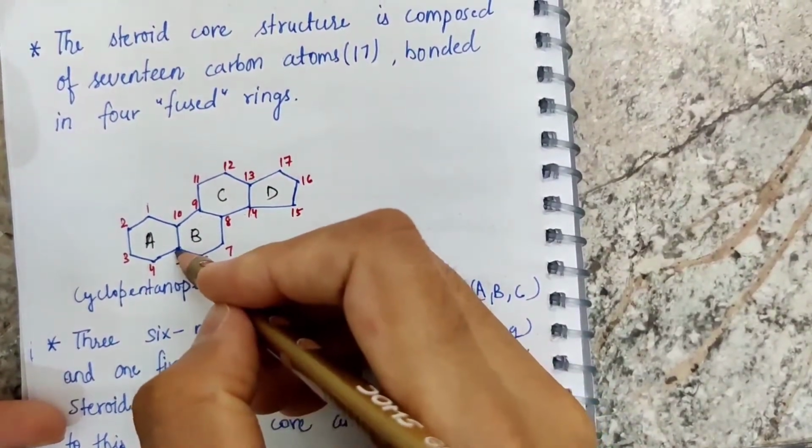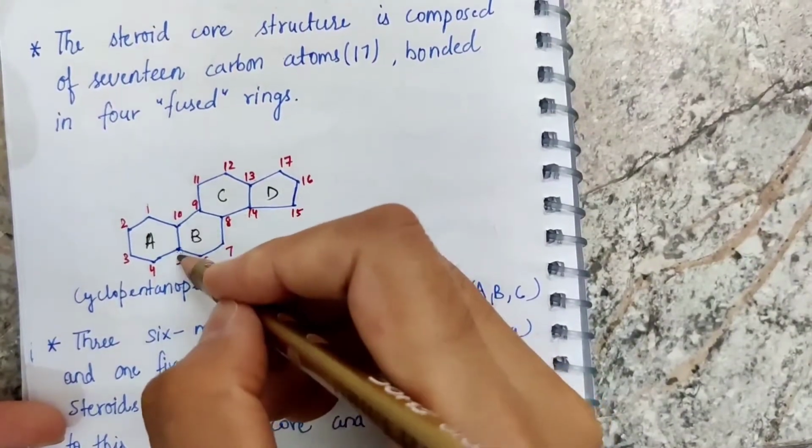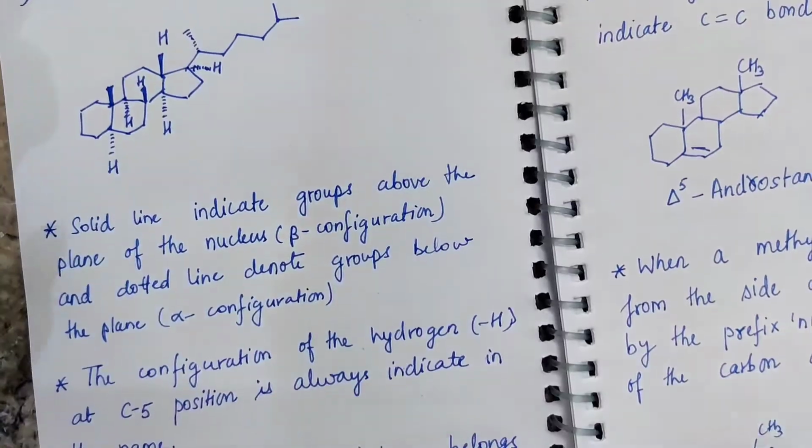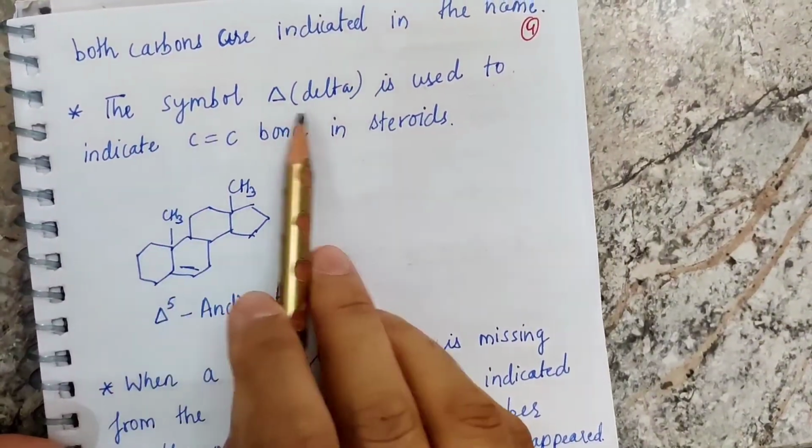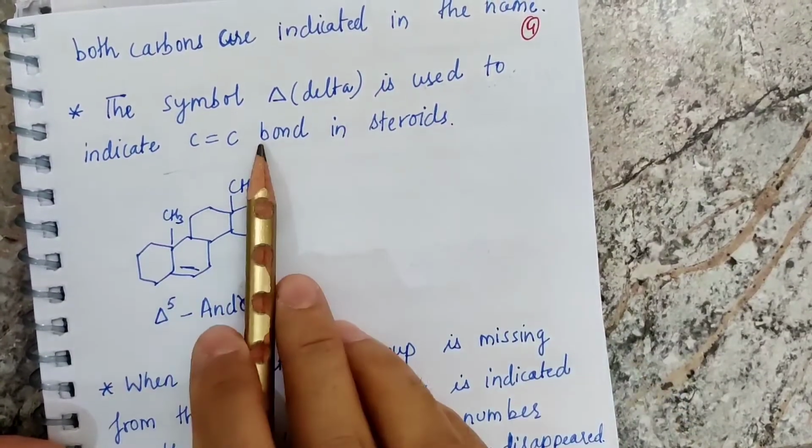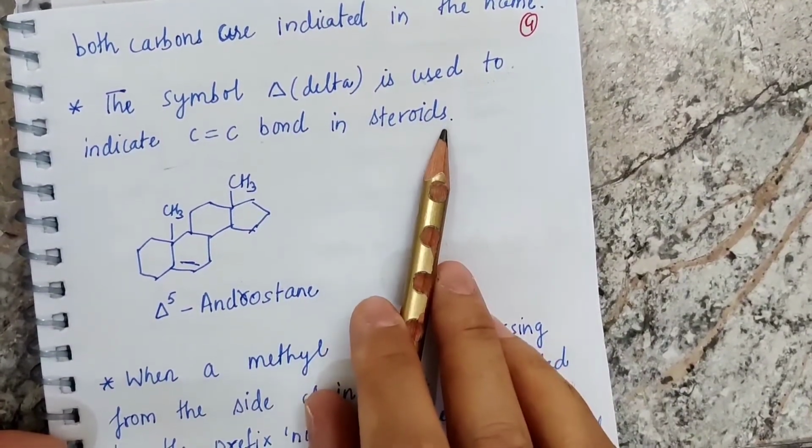Similarly, if the double bond is between 5 and 11, you have to give the numbering. Otherwise, the symbol delta is used to indicate a carbon-carbon double bond in steroids.